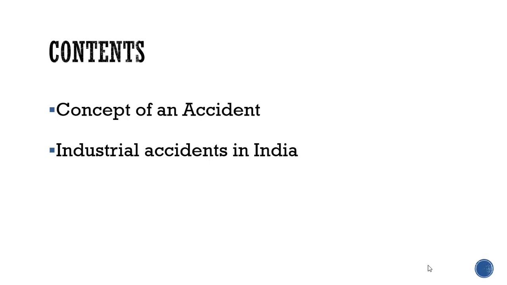The newspaper Hindu carried out a survey based on the number of accidents which happened across India. We are going to take that survey and analyze it. And the third thing is we are going to think of what causes accidents. So we are going to see these three aspects in detail.